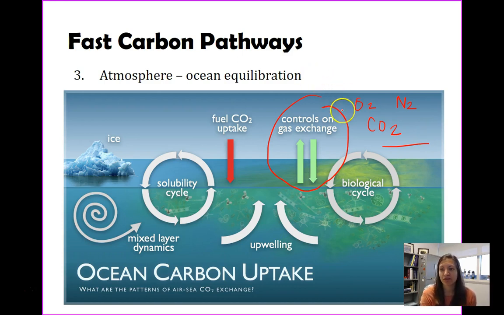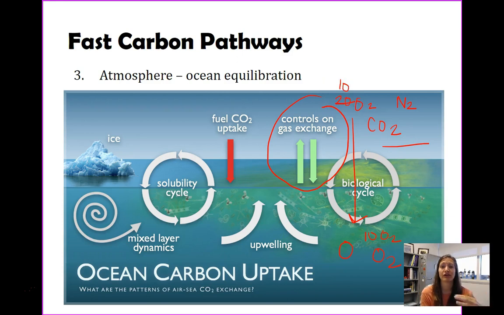So if I had 20 molecules of oxygen in the air and 0 in the ocean, some of this oxygen would go into the ocean, so that eventually we had 10 oxygen here and 10 oxygen here.